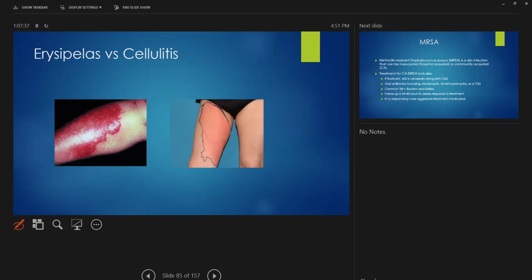Now, yes, they did outline this. However, this is not as sharply demarcated as this. This is erysipelas. So see how it's raised? It's almost even refractile to light, and it's well defined. Okay. So that's erysipelas, that's cellulitis.